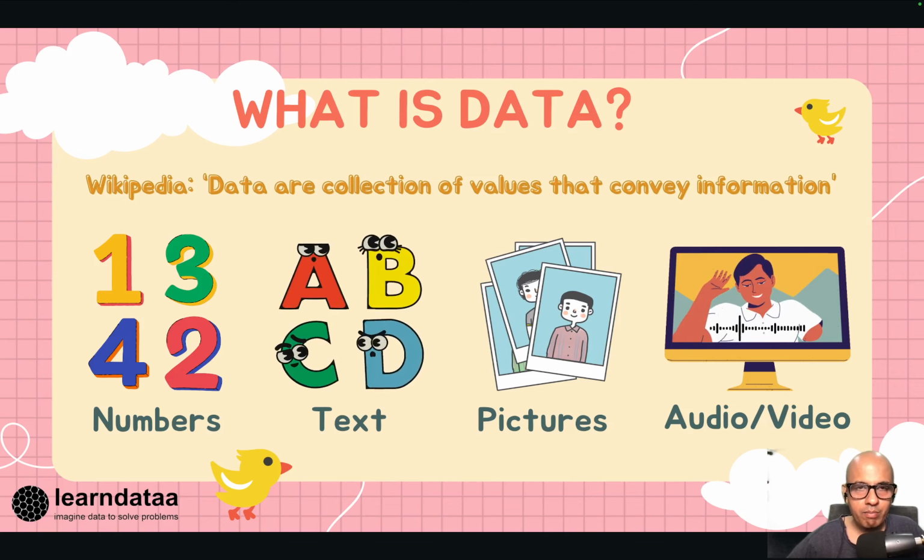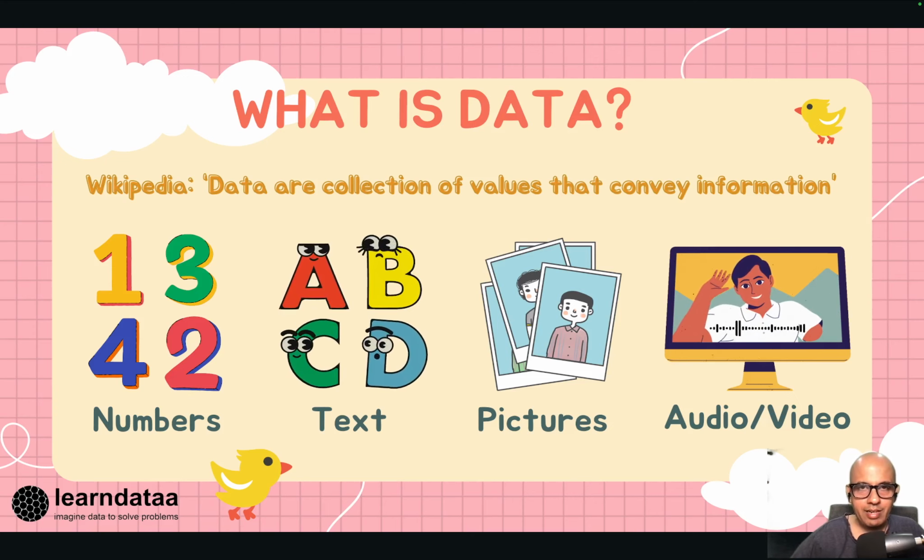Numbers could be the digits that are coming out from some sensor of a machine. Let's say temperature measurements. If there is a temperature measuring sensor in a room, the data that it measures every second would be numeric data, and that can be used for creating or training AI models.